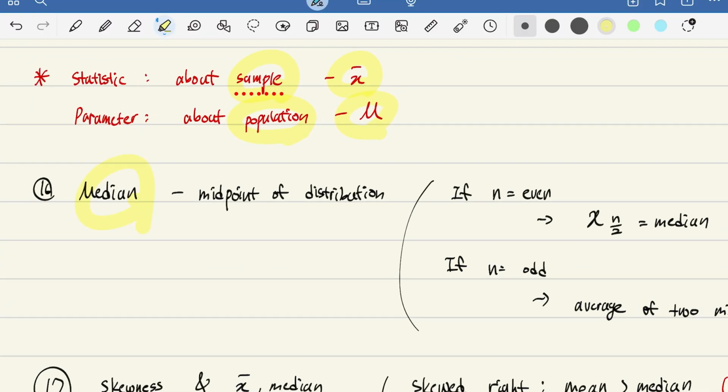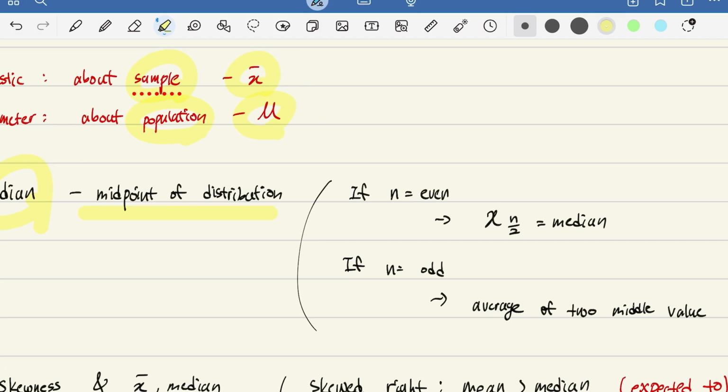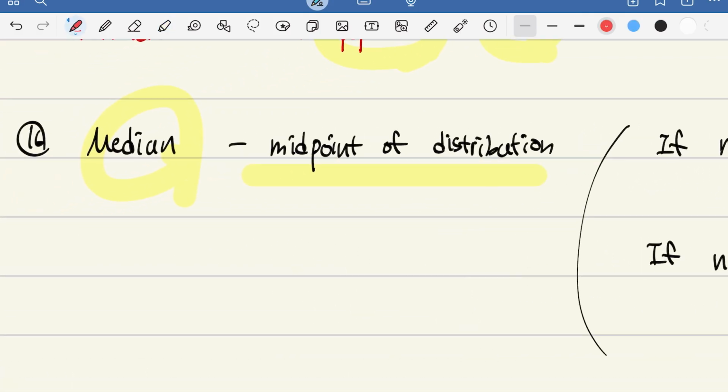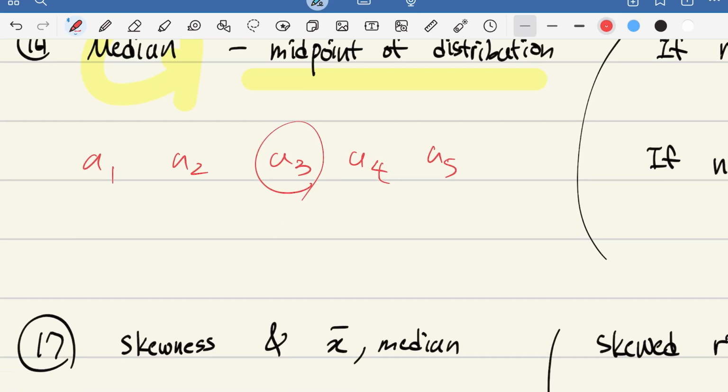The second one is the median. Median is like the midpoint of the distribution. So when you have 5 data values such as A1, A2, A3, A4, A5, then A3 would be the median of this number set.